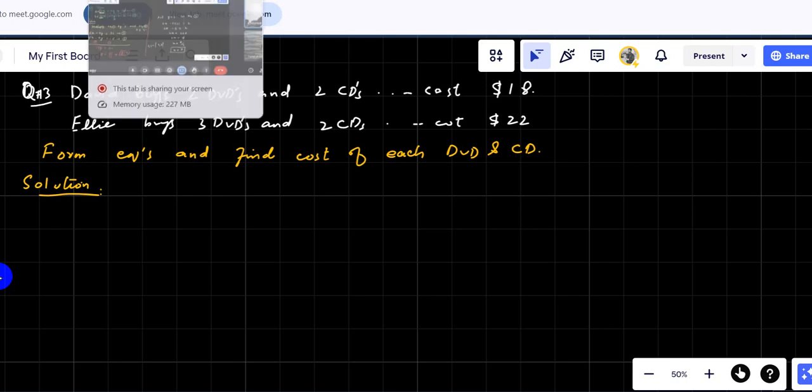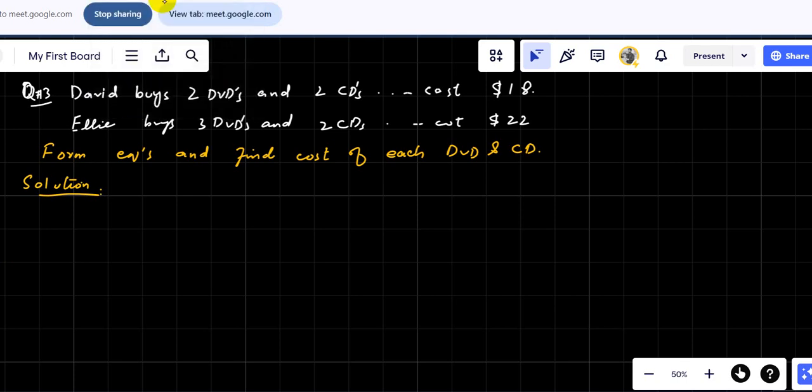So you have the statement. What are the variables in this equation? Yeah, the DVDs and the CDs. Cost we will use as a constant. So we need to assign a variable to DVD and a variable to CD. It's up to you. You can use D for DVDs and C for CDs, or you can use X for DVDs and Y for CDs.